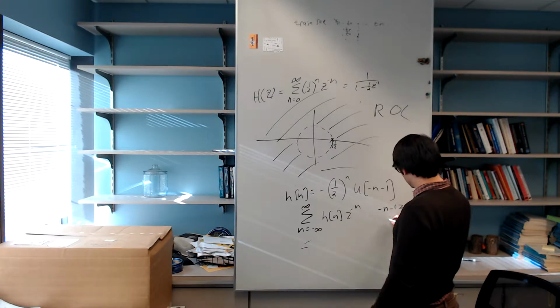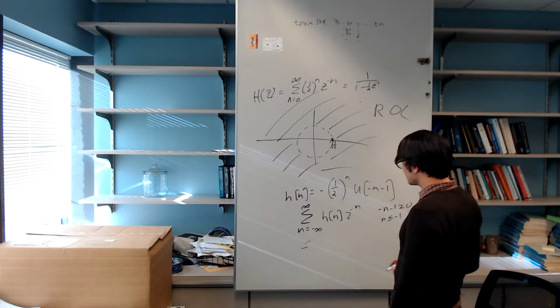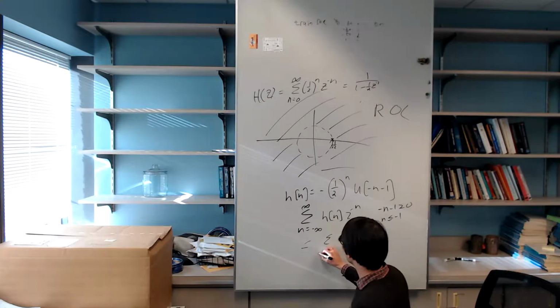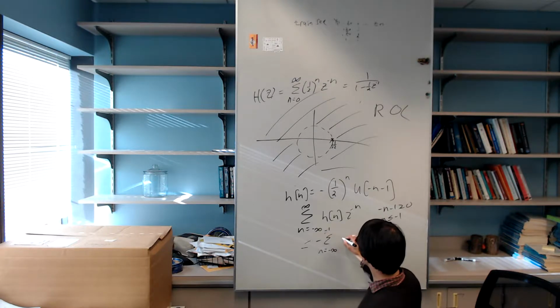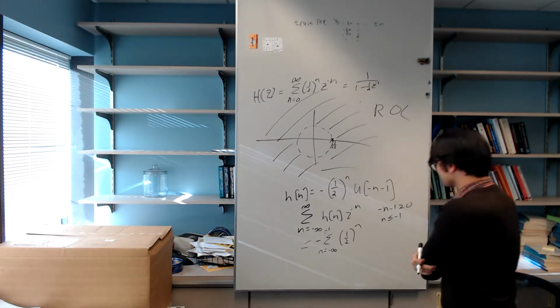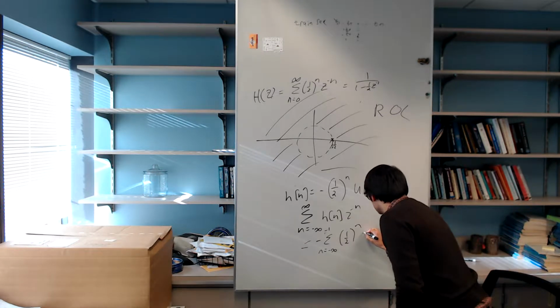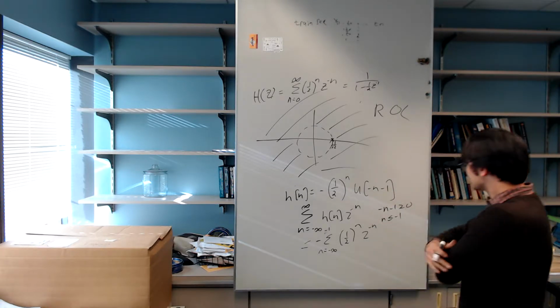This is how we get the bounds: n less than or equal to negative 1, so the sum as n goes from negative infinity to negative 1 of negative (1/2)^n, z to the negative n.